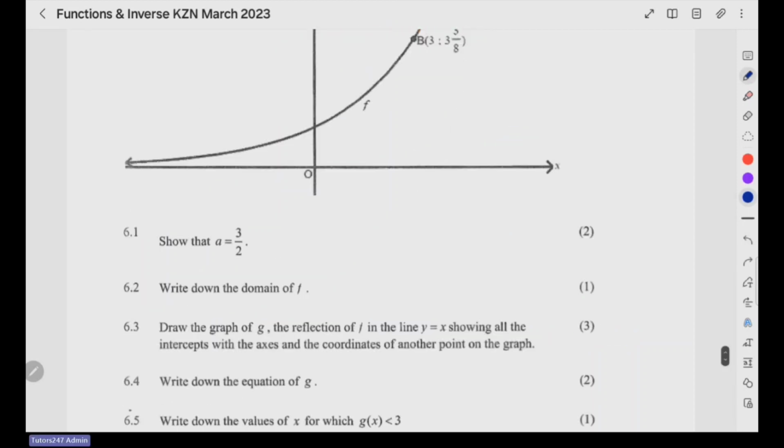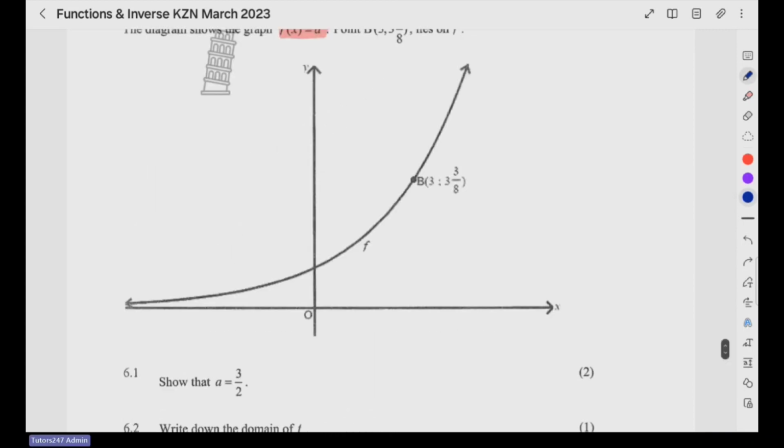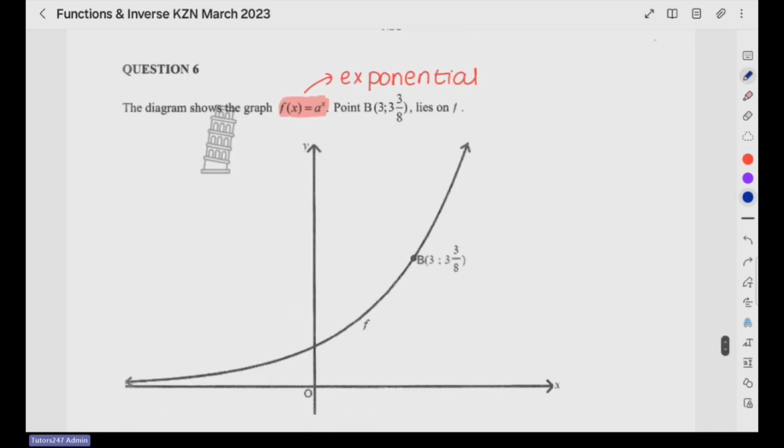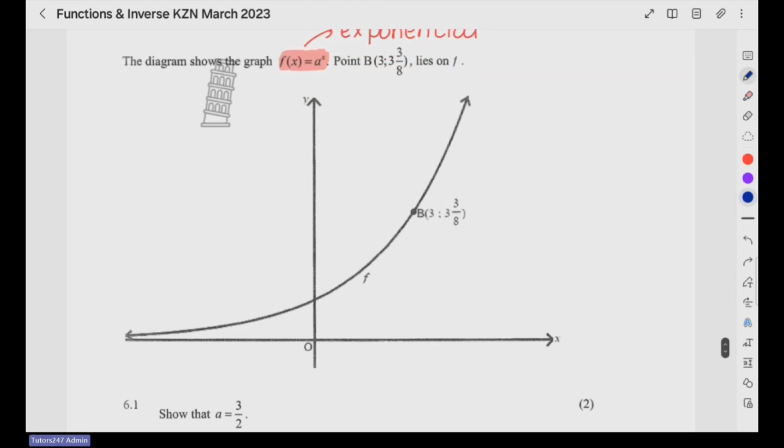So we have question 6.3. Draw the graph of g, the reflection of f, in the line y equals x, showing all the intercepts with the axis and the coordinates of another point on the graph. So if we want to sketch the inverse of this function f, and we're going to call it g, take note that a function and its inverse is symmetrical about the line y equals x.